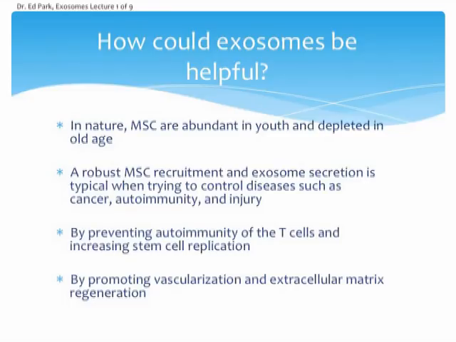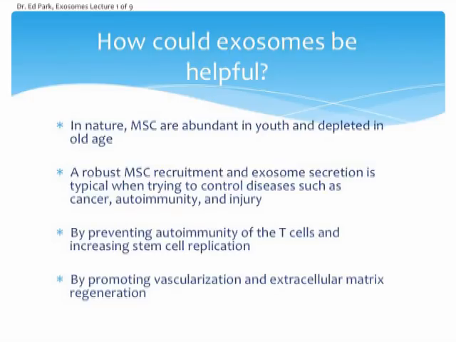A robust mesenchymal stem cell recruitment and exosome secretion is typical when you have something like an injury, even states like cancer and autoimmunity. Perhaps the MSCs are there trying to orchestrate and direct and control what is going on. They seem to be sort of the quarterback and the coaches of our important processes of healing, of inflammation, and of the whole cancer autoimmunity axis.